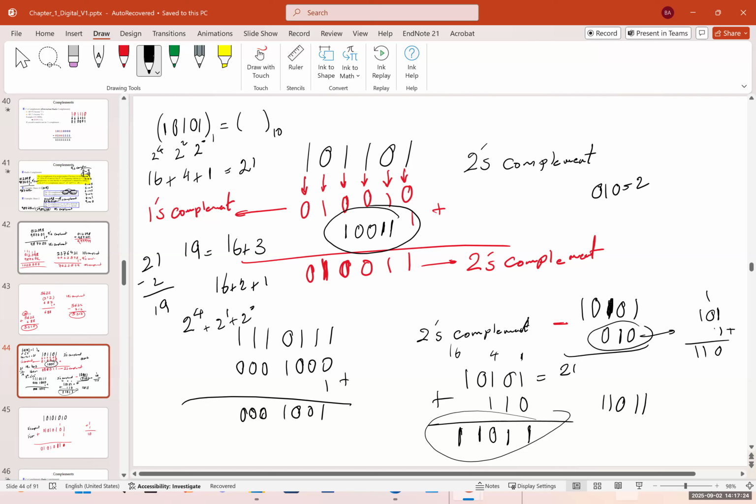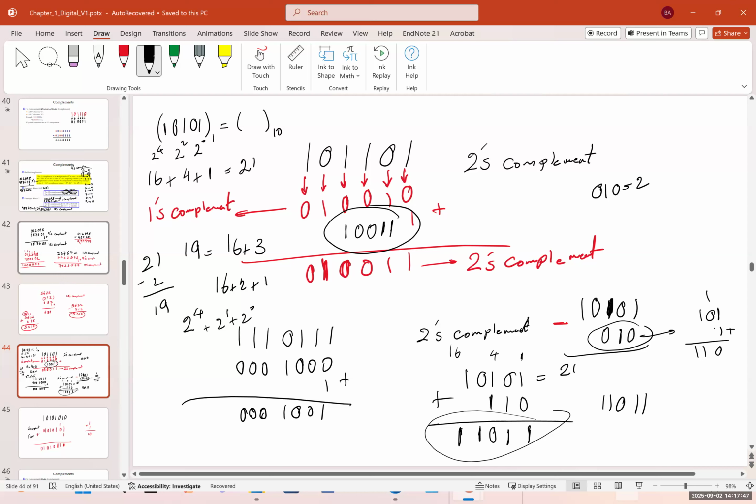The difference of the two numbers would be 8. 2 to the power of 3. It will be 8. I've added them together. Oh, added. Okay.